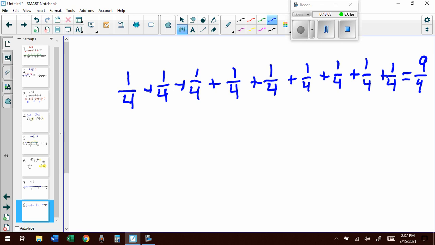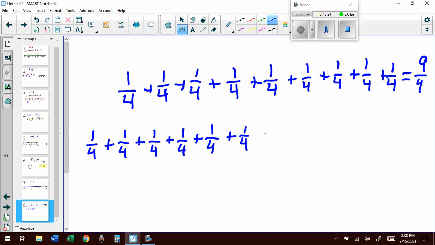But if we were to do the same thing, 1/4 plus 1/4 plus 1/4 plus 1/4 plus 1/4, 1, 2, 3, 4, 5, plus 1/4 plus 1/4 plus 1/4, 1, 2, 3, 4, 5, 6, 7, 8 plus 1/4.